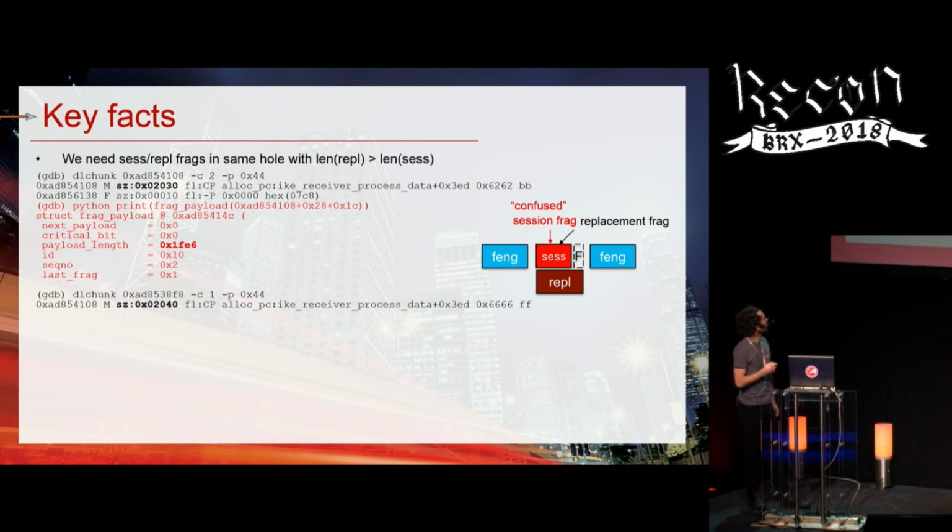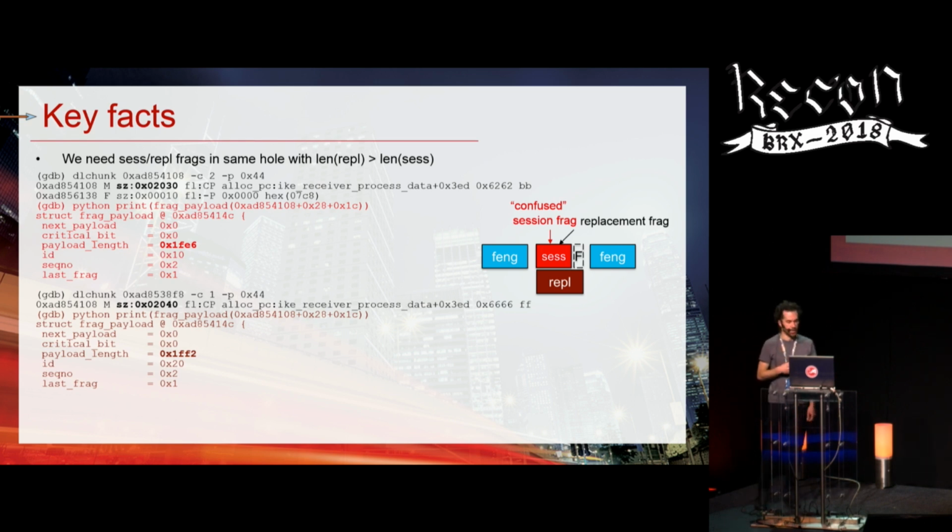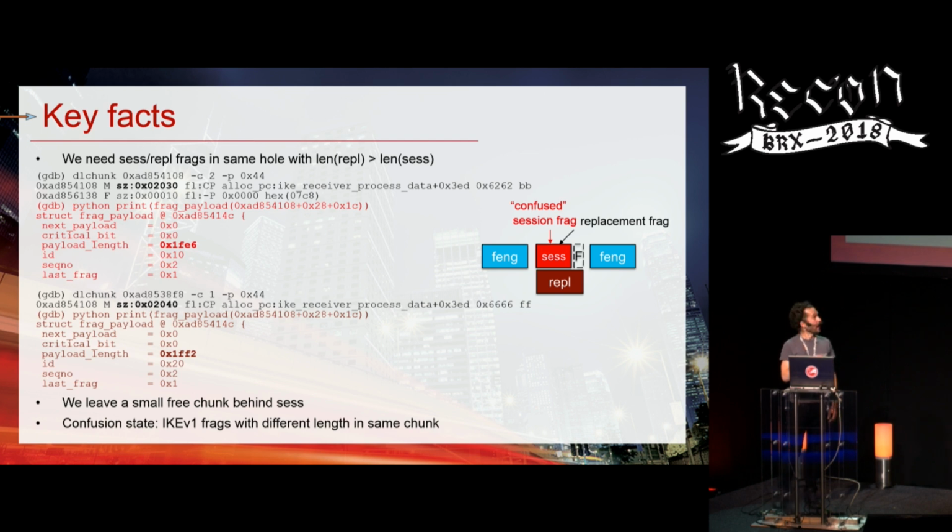We have no free chunk afterwards. And here we increase the size of the fragment to be FF2 instead of FE6, and the difference between the two is less than 18 bytes. So that's the first thing. And we have a confusion state between the two fragments in the same chunk.